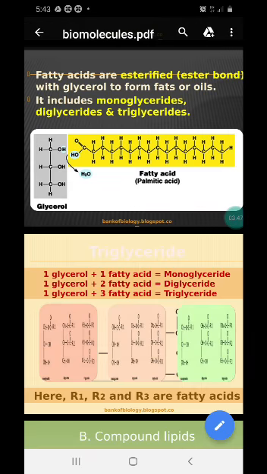Fatty acids are esterified with glycerol to form fats or oils. How to distinguish fats and oils, children? Oils have a lower melting point than fats.